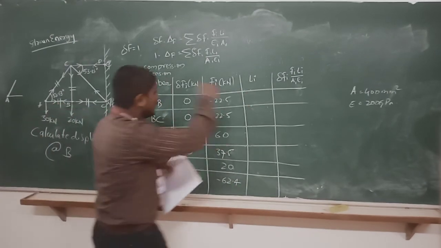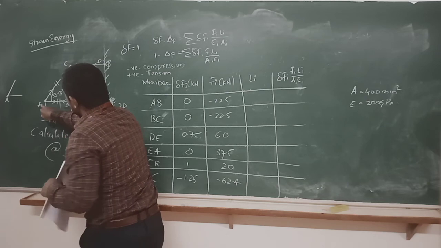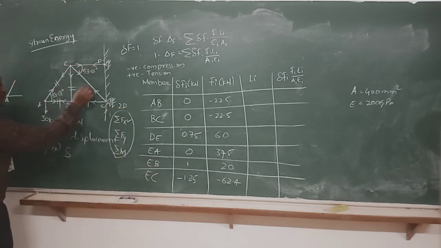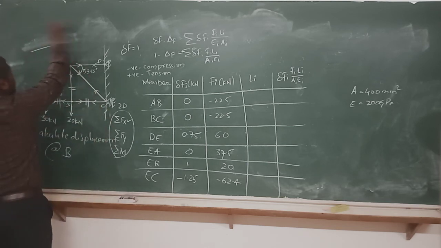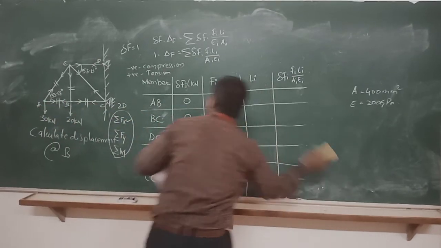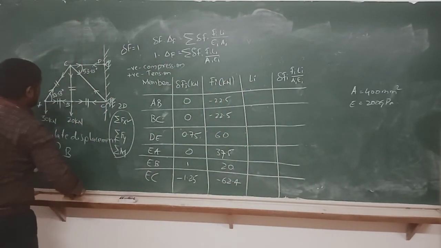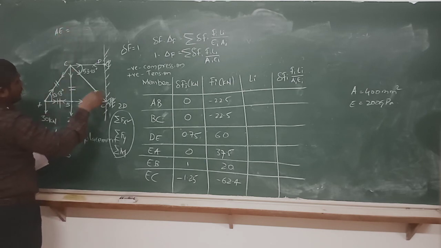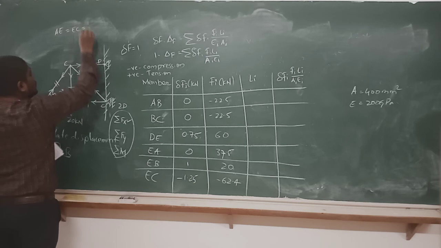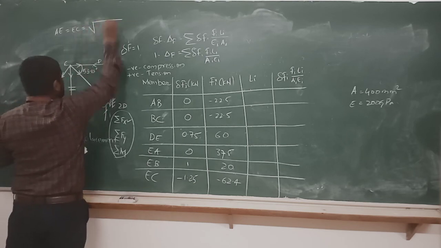Okay, then length for the AB member. So for AE and EC, if you see this, it is a triangle, so we can easily find AE.